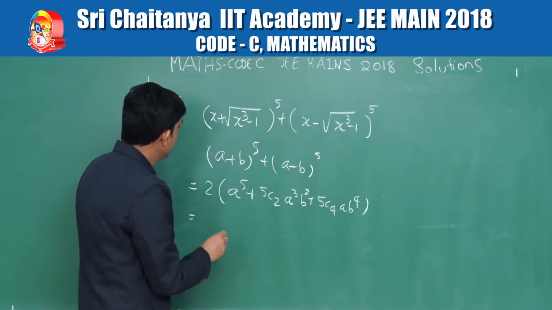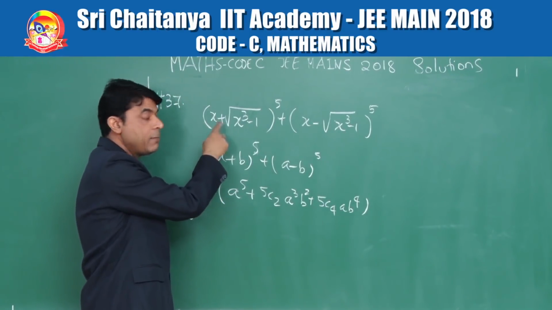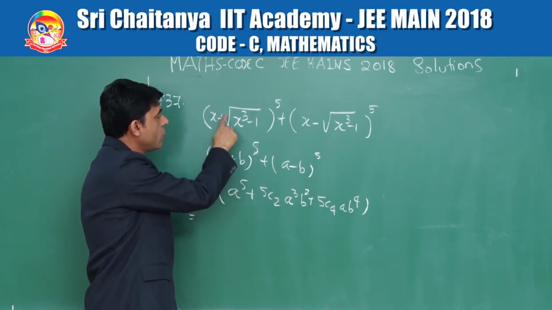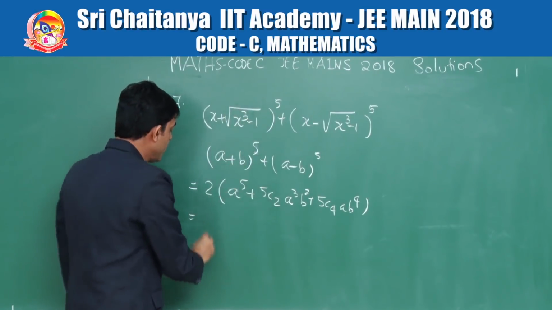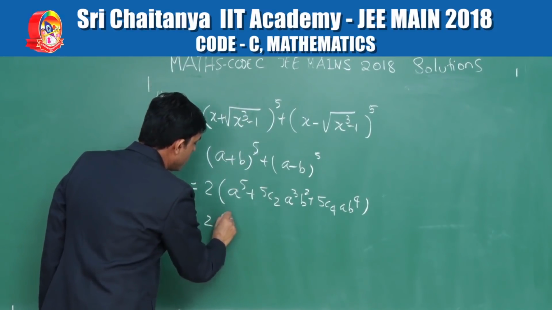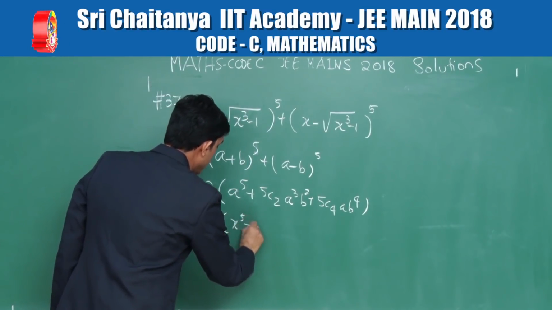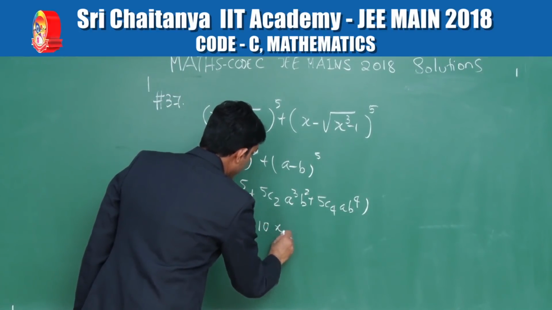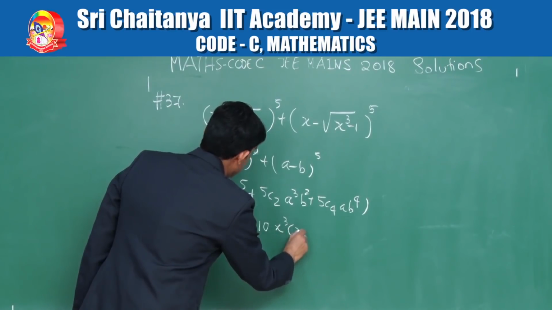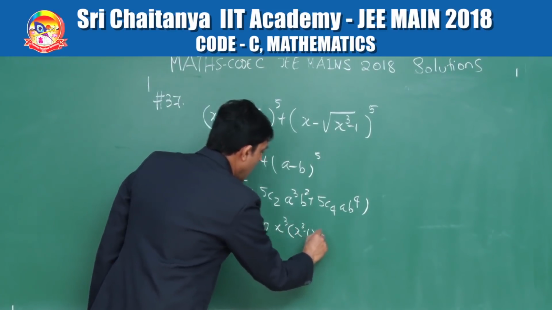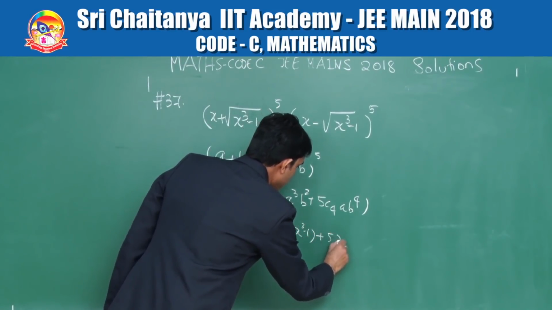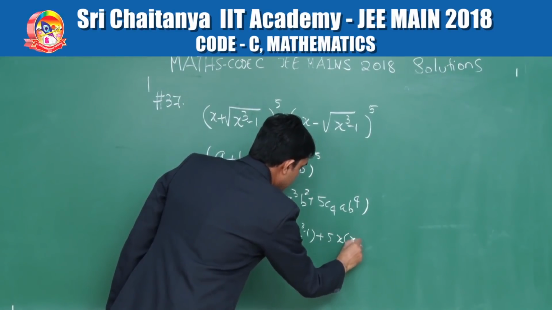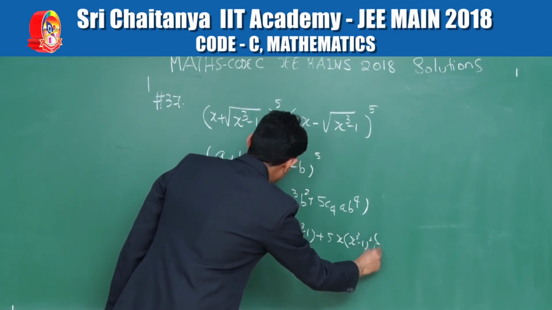When we write a as x and b as square root of x cube minus 1, this expression takes the form 2 x to the power 5 plus 10 x cube times x cube minus 1 and plus 5 x times x cube minus 1 whole square.